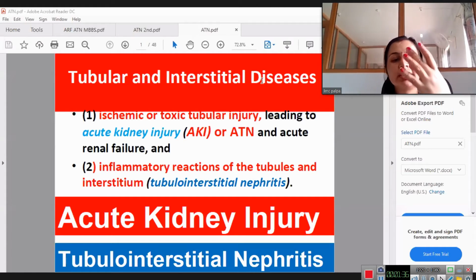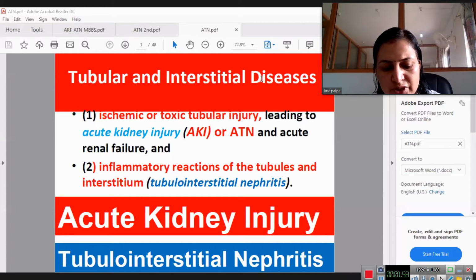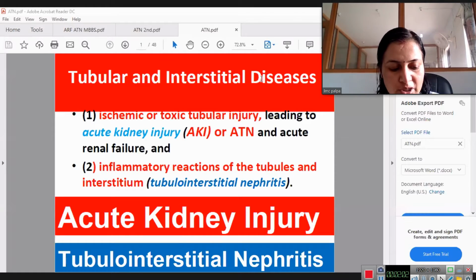Now, many students get confused about the difference between acute renal failure and acute tubular necrosis. They are a little synonymous because ultimately acute kidney injury or acute tubular necrosis leads to acute renal failure eventually. So if we ask you the pathogenesis, the cause, or whatever questions related to acute renal failure, you have to mention acute tubular necrosis.